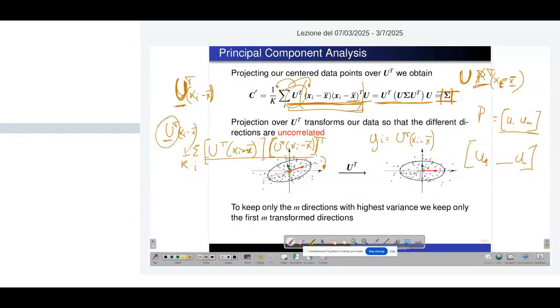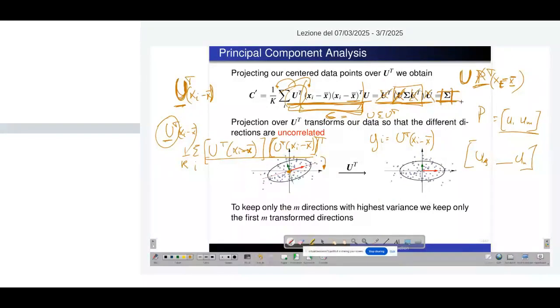Why? This is inside this matrix C, which is decomposed as U sigma U transpose. U and sigma are the decomposition of C, so I can represent C in this way. When I write everything out, I realize that these two terms simplify because it's the identity, and the same happens to these two terms.